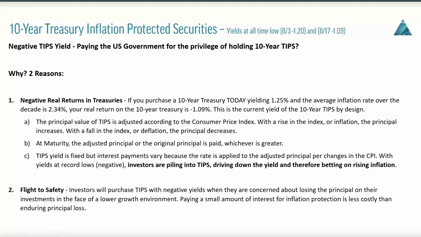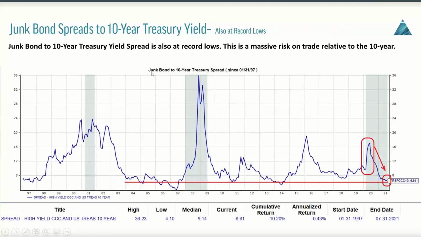And again, what caught my attention here is that we were sitting at literally all-time record lows on TIPS yields. And then I'm looking at junk bond spreads, right? Think about this for a minute, because if you've got TIPS yields being driven to record lows, that's a risk-off trade, right? And you can see that junk bond spreads on the screen, again, using the research system economic charting, they've been driven down to record lows, and that's a risk-on trade.